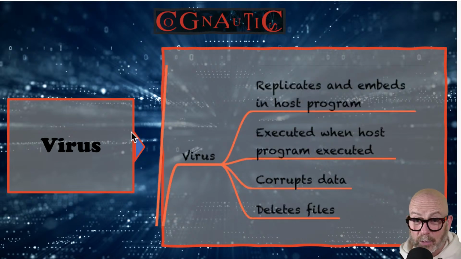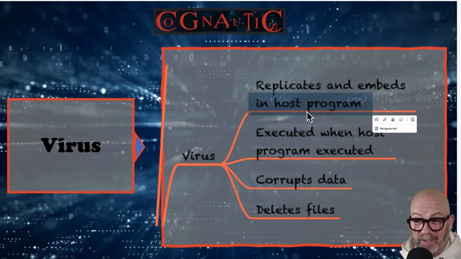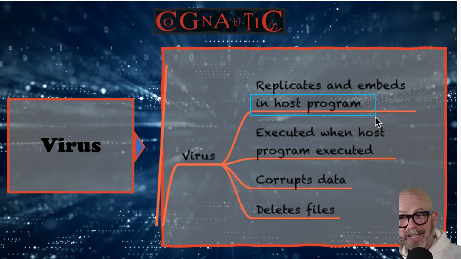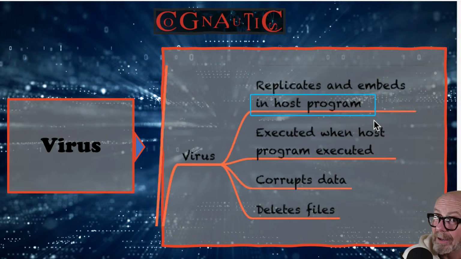Now we come on to the one everyone's heard of, namely the virus. Similar to a worm, it replicates, so it makes copies of itself, but this time it embeds itself, in other words, into a host program. Email account being the most obvious. If it can embed itself in your Outlook or whatever your mail account is, that's a really good place for a virus to be.